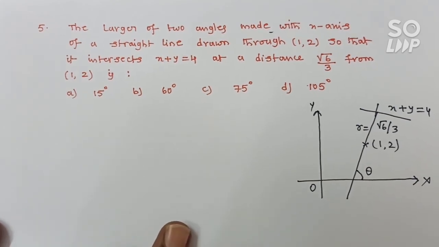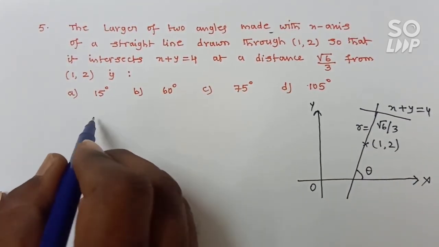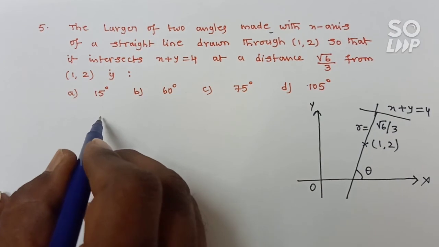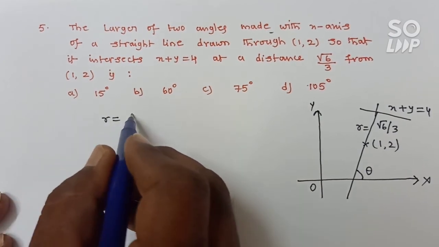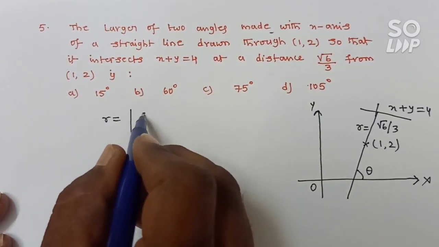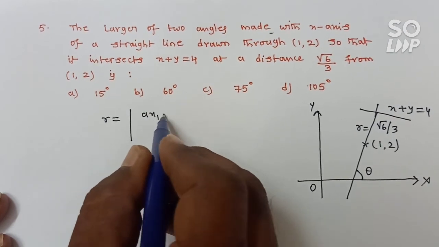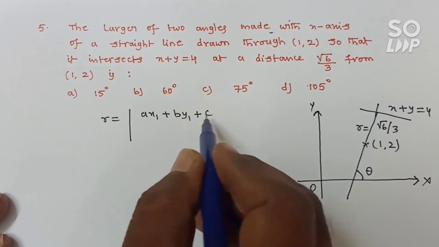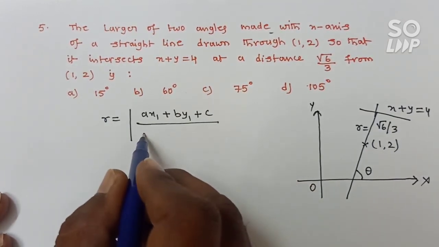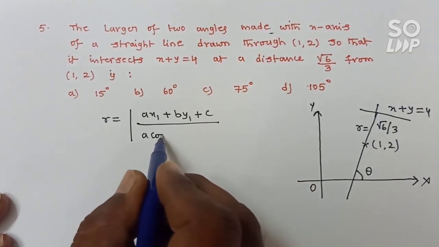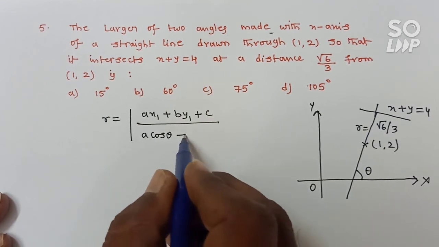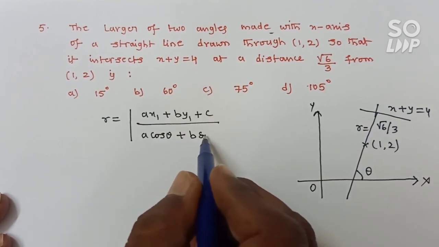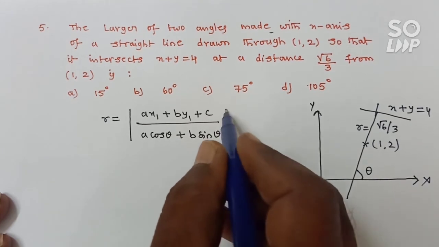So as usual you apply the same formula. What is that formula? r is equal to modulus of (a x1 + b y1 + c) whole divided by (a cos theta + b sin theta).